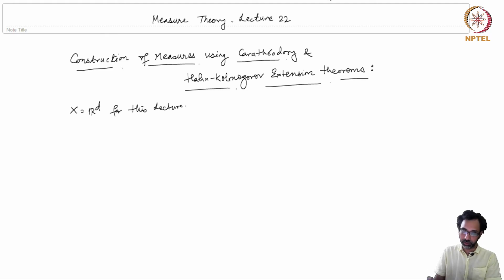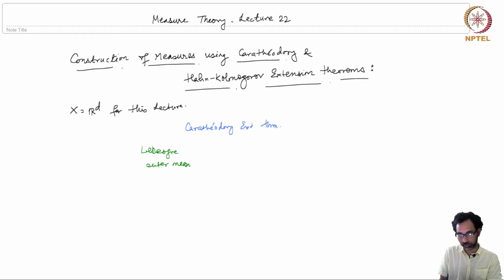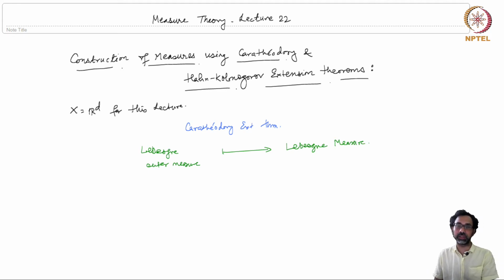We have seen from the Kara-Theodori extension theorem, from the Lebesgue outer measure, we got the Lebesgue measure. We proved in the last class that the Kara-Theodori measurable subsets are exactly the Lebesgue measurable subsets.